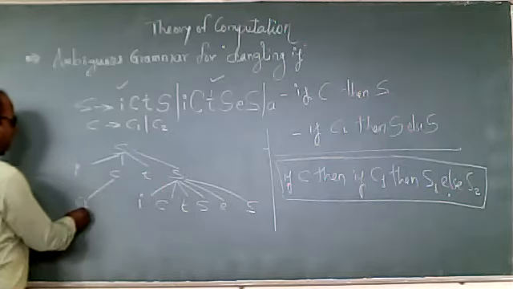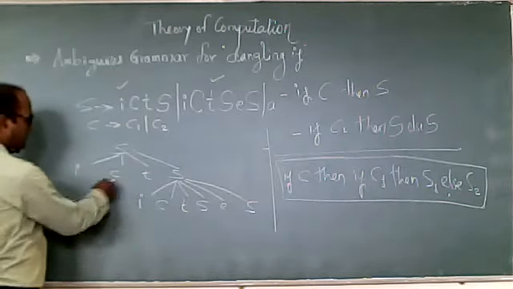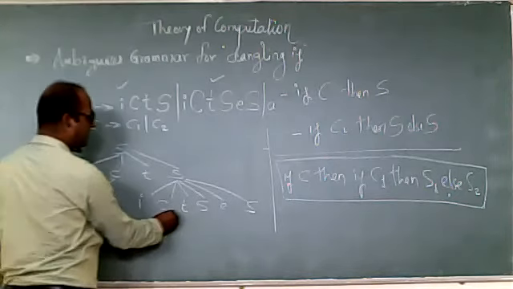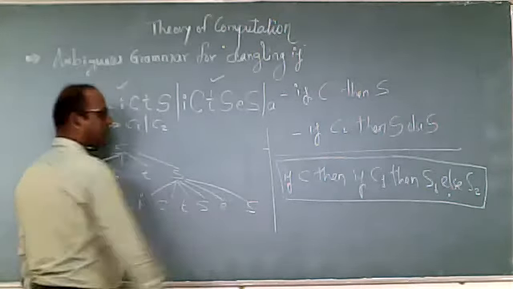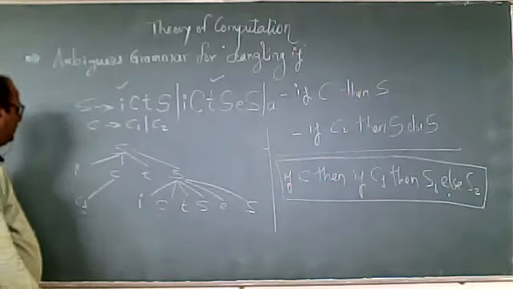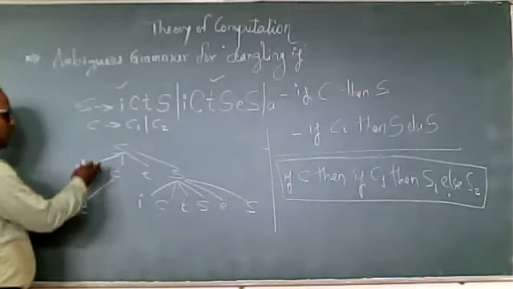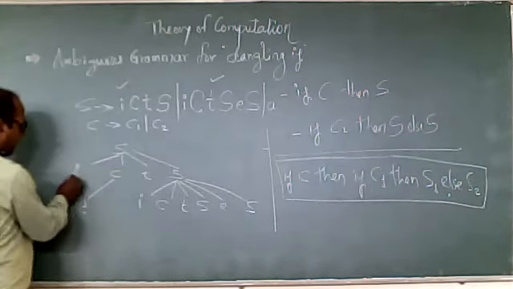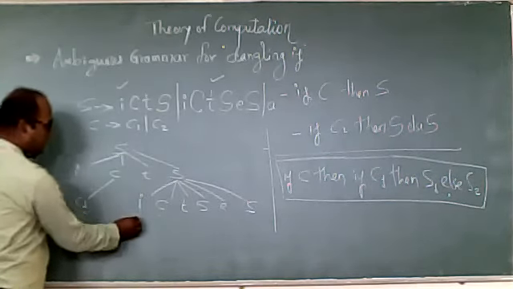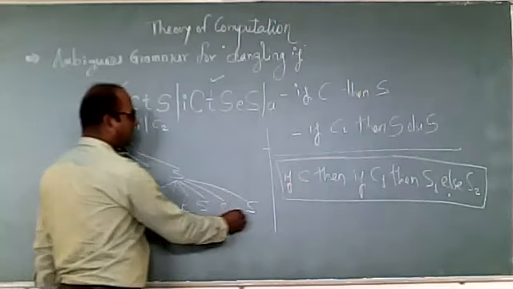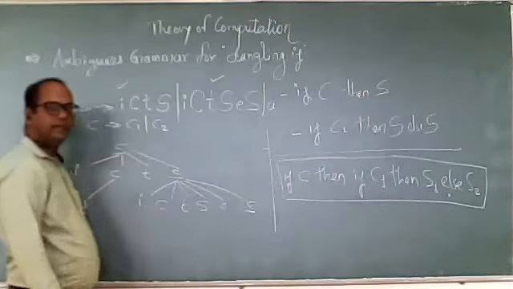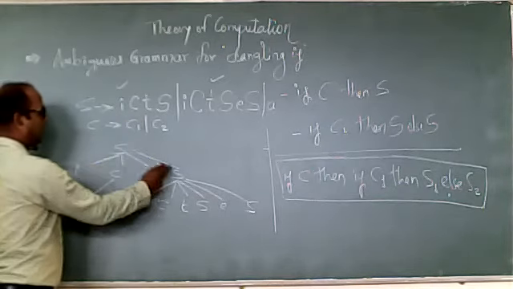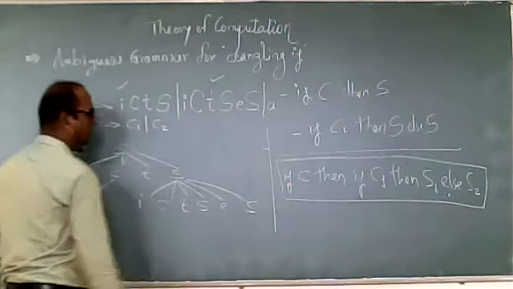So if condition 1, then if condition, then statement, else statement. C I can replace with C1 or C2, whatever the condition is. So what statement do I get? If condition, then statement, else statement. I am getting this by replacing the first S with the first production, then the second S with the second production.